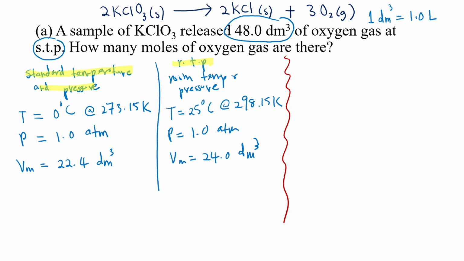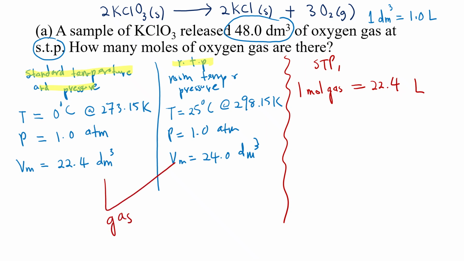So kalau untuk STP, the general statement adalah 1 mole of any gas is equivalent to 22.4 liter. Okay, so ingat STP, RTP ni kita hanya gunakan untuk siapa? Untuk gas sahaja. Okay, solid tak boleh, liquid tak boleh, aqueous pun tak boleh, hanya untuk gas sahaja.